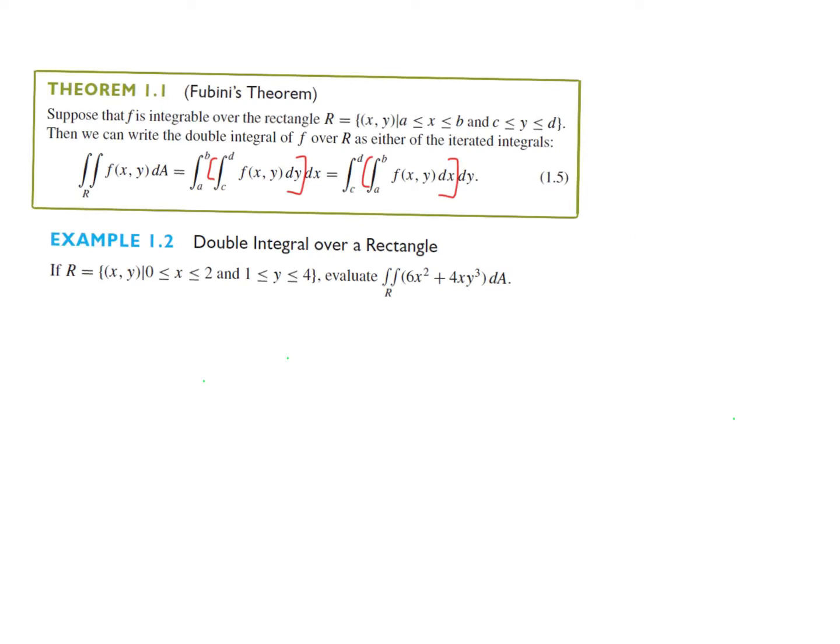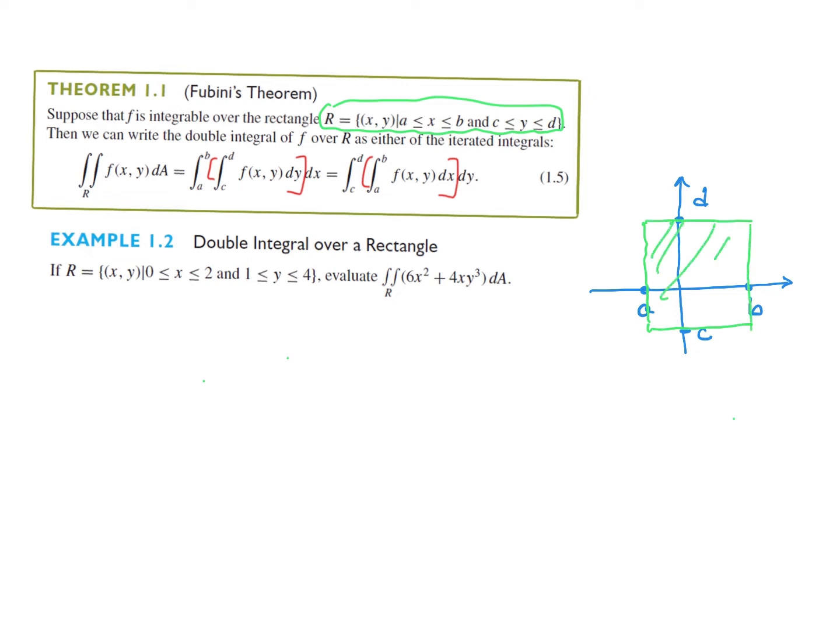So first case scenario is a region R, which is just a rectangle, like here. You can see the region is x varying from A to B, like this, and y from C to D. So in the end, here the region R is just a rectangle.